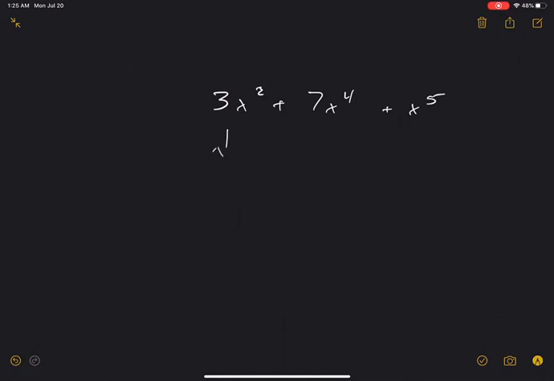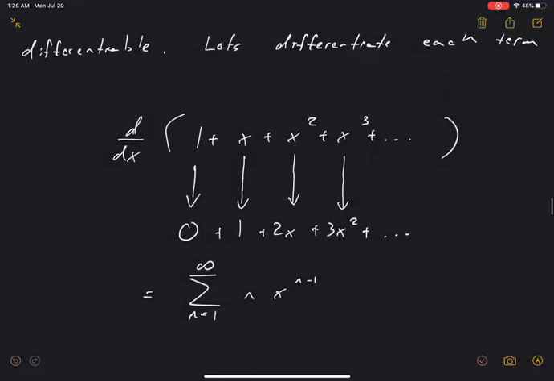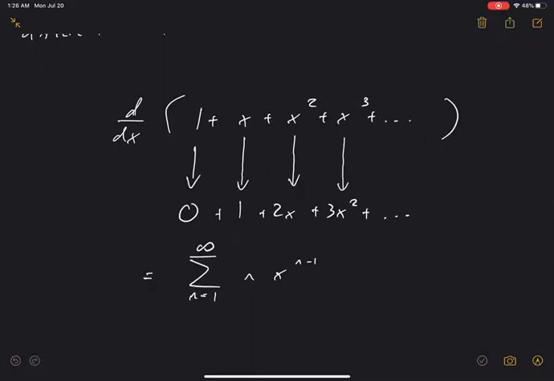I just take the derivative of each term: 6x plus 28x cubed plus 5x to the 4th. To take the derivative, I just differentiate term by term. I hope this works as well for the series. I'm not going to show that it does, but it works when it's differentiable.